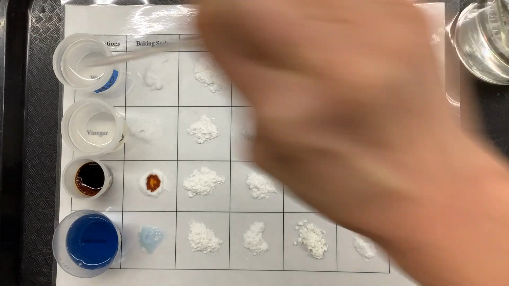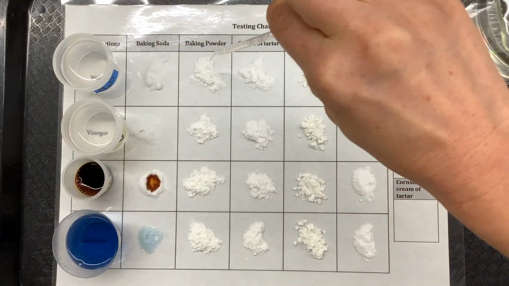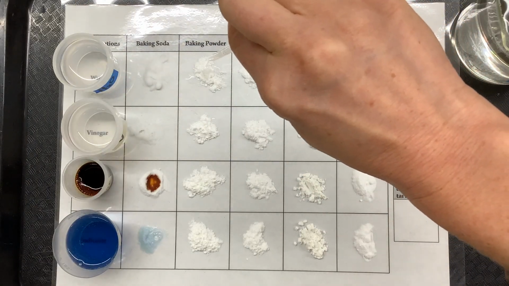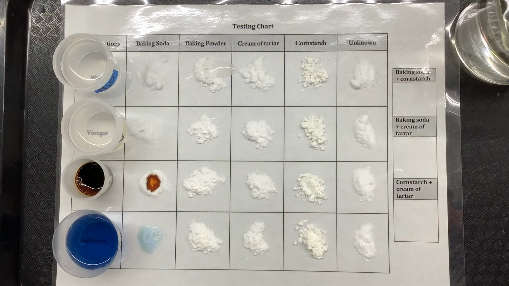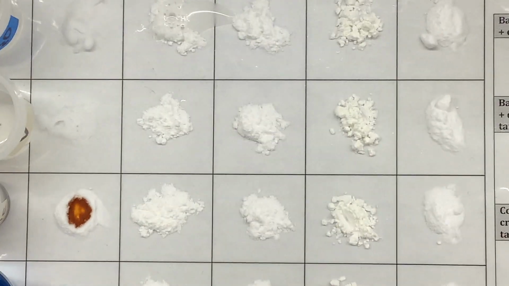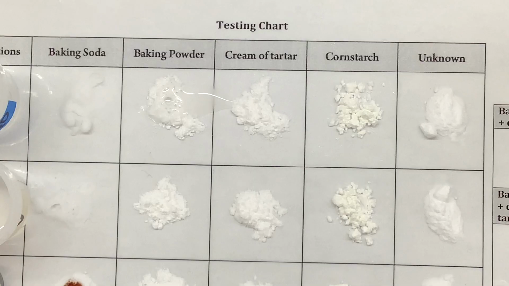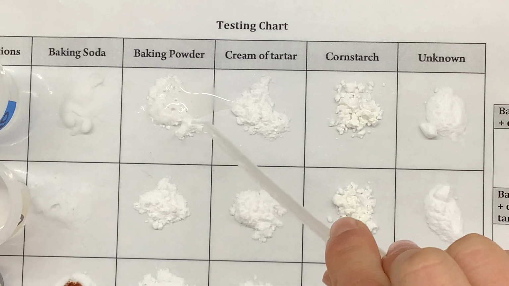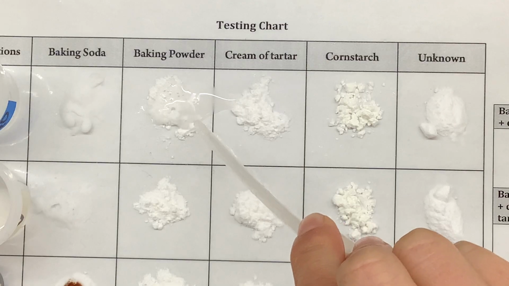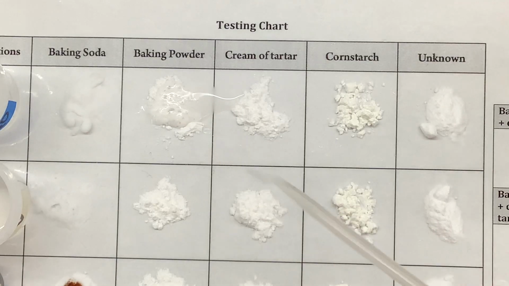Okay, here we go. Baking powder and water. Looks like bubbles are forming. I don't know if you can see that, but bubbles are definitely forming right here with baking powder and water. Yeah, lots of bubbles forming.